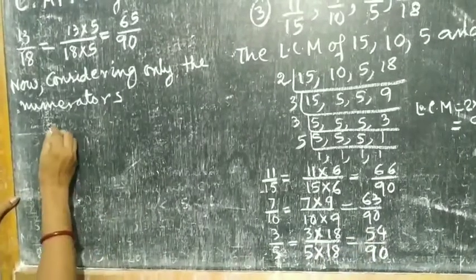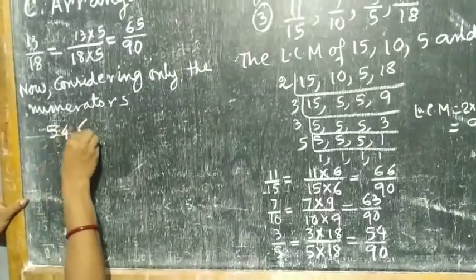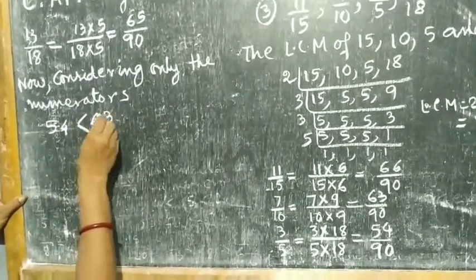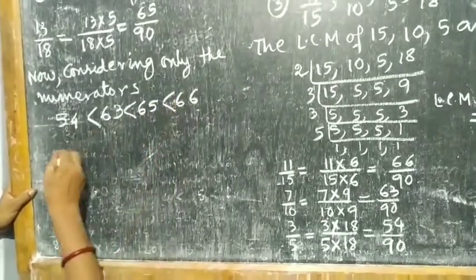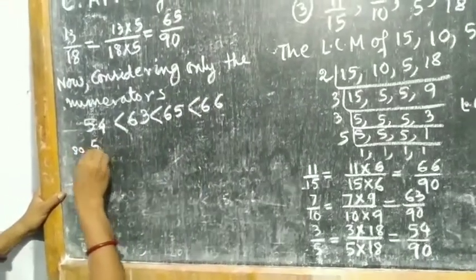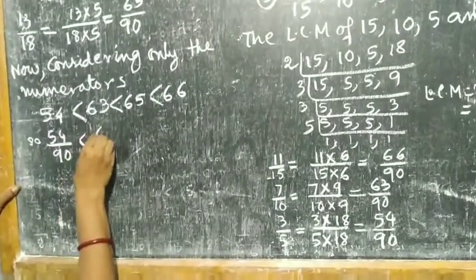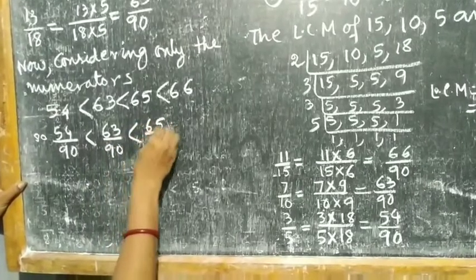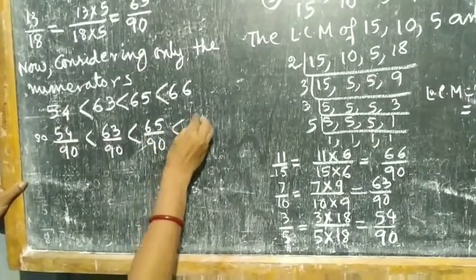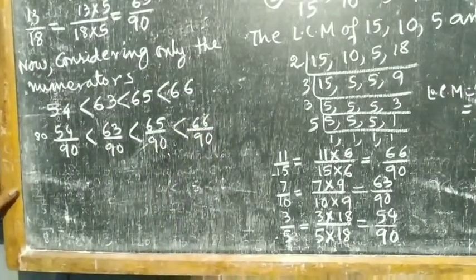So 54. So 54 is less than 63, 63 is less than 65 and 65 is less than 66. So 54 by 90 is less than 63 by 90, is less than 65 by 90, is less than 66 by 90.